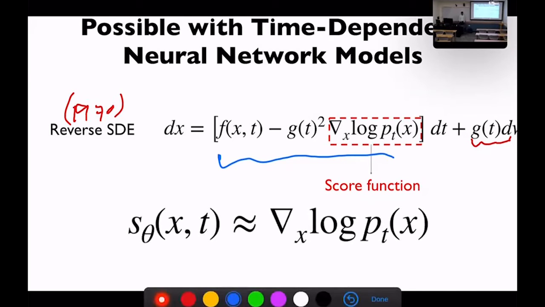When you find such a mathematical result that says you can do something that until now wasn't possible, the idea that some recent work proposed is: can we just learn the score function using a neural network?